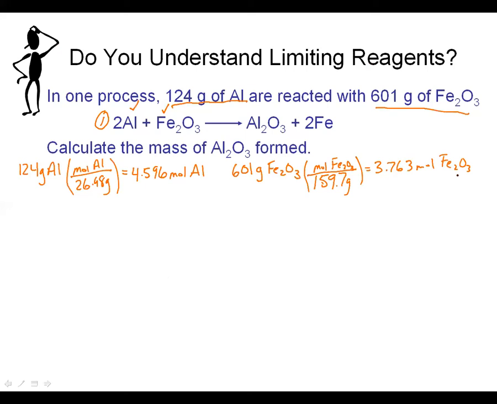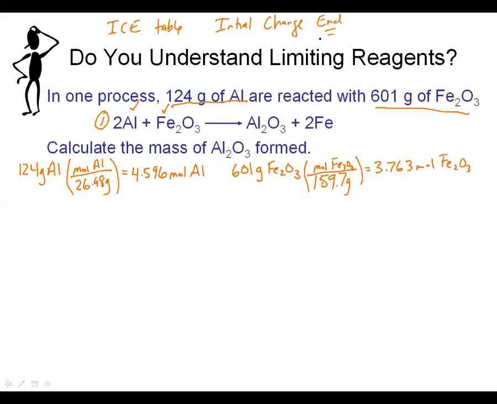So the way I'm going to show you to do limiting reagent problems is a method which is referred to as an ICE table. ICE stands for initial, change, and for this, we'll call it end.